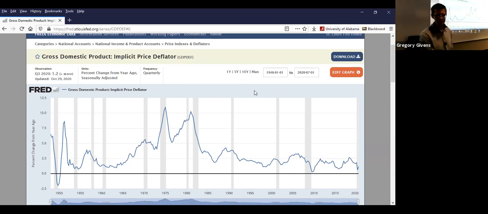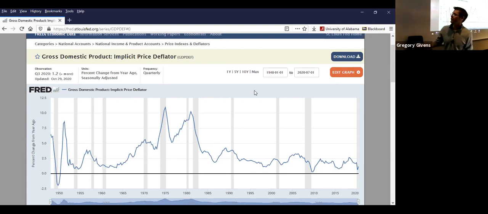Now, if we had more data on the GDP deflator dating back all the way earlier, what you would find is that even before World War II, the behavior of inflation was also extremely volatile, right? There were periods where the inflation rate spiked at double digits, and there were also periods in which inflation was actually negative.